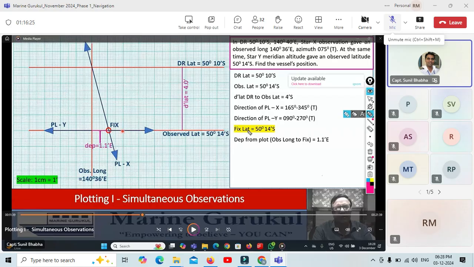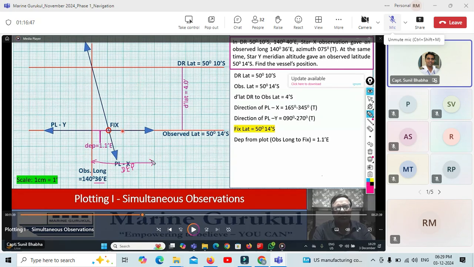So you will have to first plot 140 40 east. Now you will have to calculate the departure. This is 140 36. You will have to calculate the departure between 140 36 and 140 40. So whatever departure comes, keep that much distance here. This will be the departure. I have not calculated it yet.